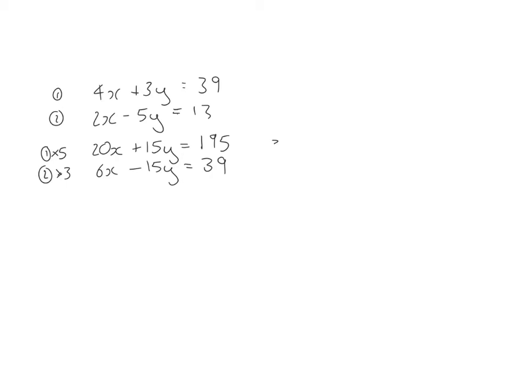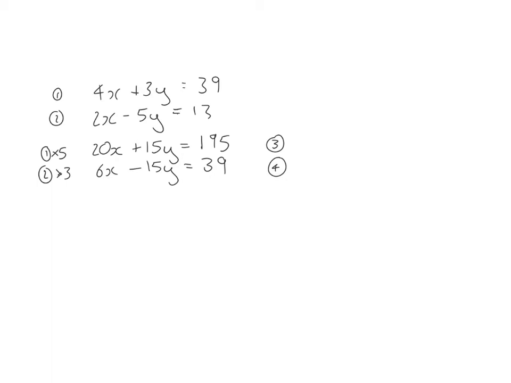Okay, so I'm going to now label this equation 3 and this equation 4. Now, here is the difference between this method and the other method, and this is the key thing that you need to pick up. I've got 20x plus 15y equals 195 and 6x minus 15y equals 39. It's fine as long as I now do a key step.